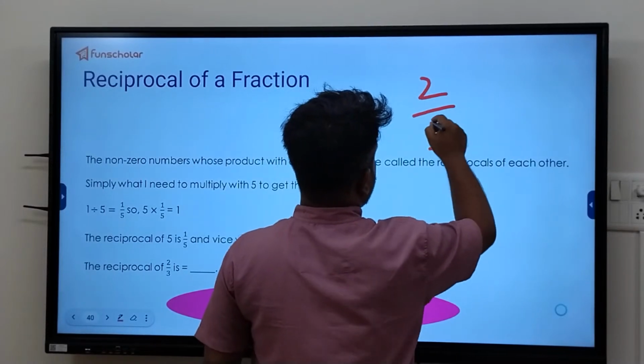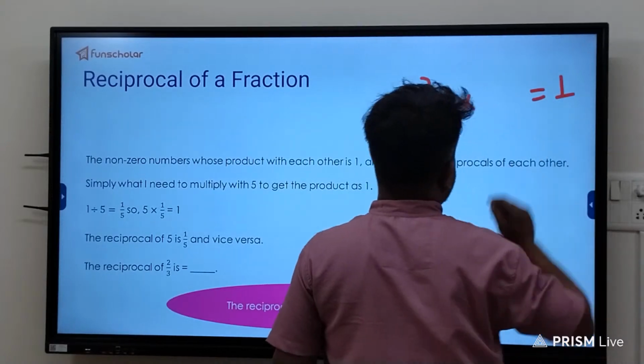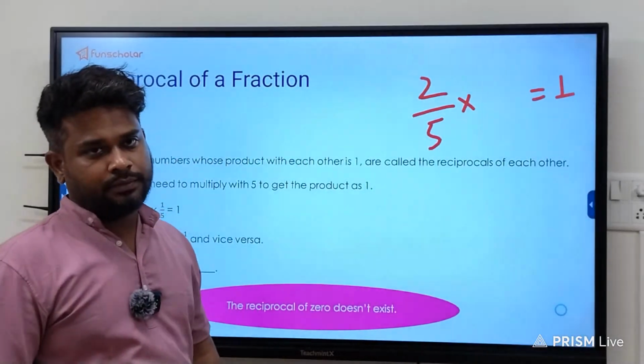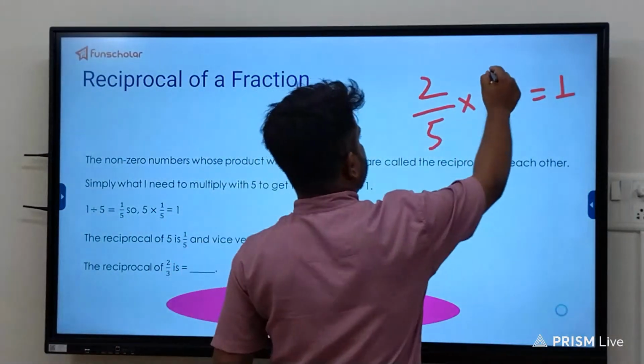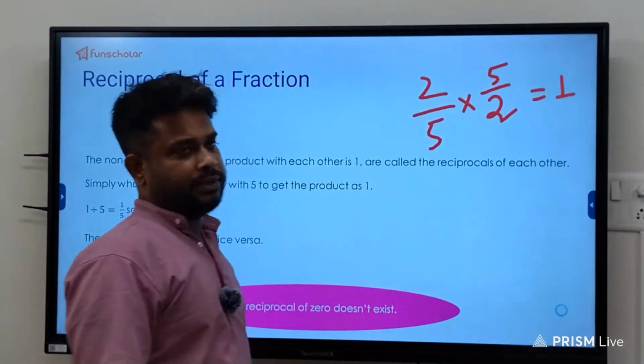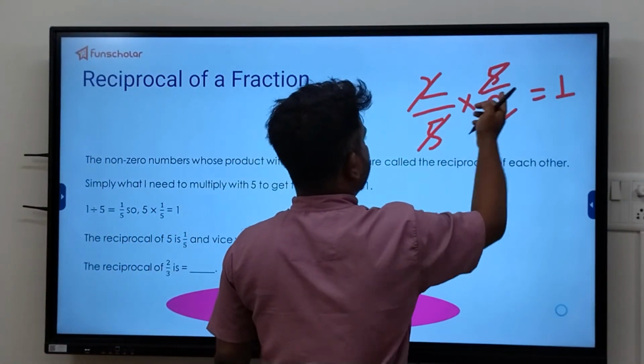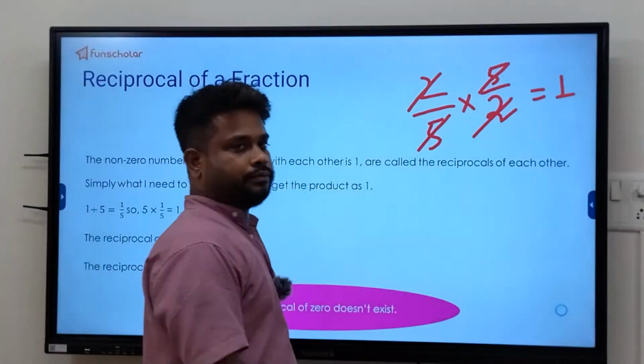Take 2/5. We have to multiply it by something to get 1. Can you tell me what it will be? It will be 5/2. We have discussed this in the previous example as well. We can cancel 5 with 5 and 2 with 2 to make it 1.